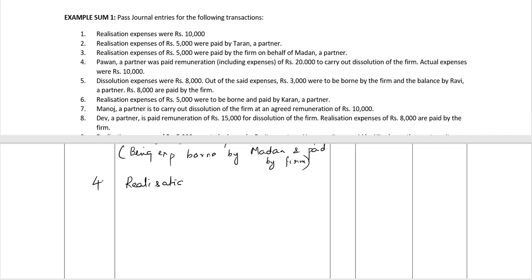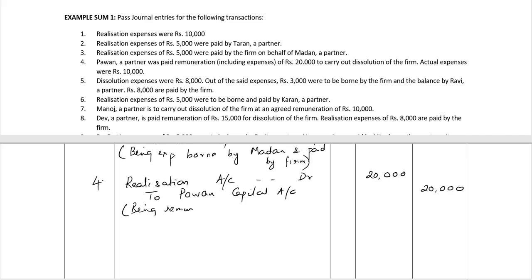Realization account debit to Pavan, capital account, 20,000 rupees. Being remuneration given by firm to Pavan.